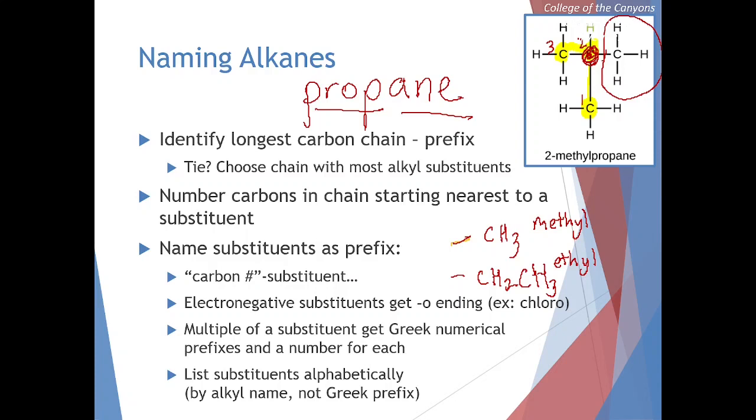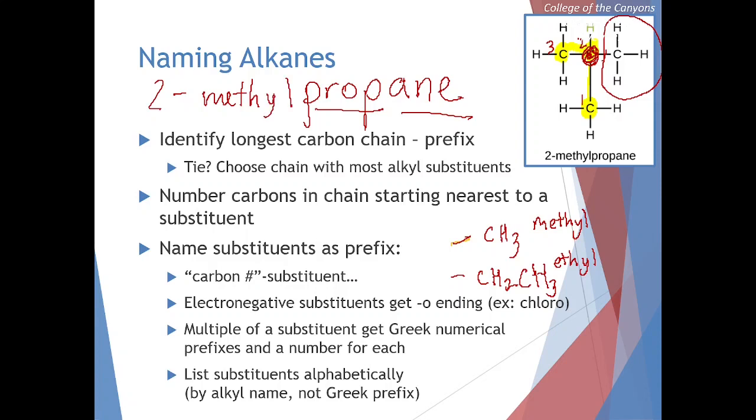If our numbering system led to our branches, our groups, lying on different carbons, then we need to be a little bit more careful. We want to number the carbons to have the groups on the lowest numbers. In this case, that second carbon has a methyl group. So we can write that in the beginning.